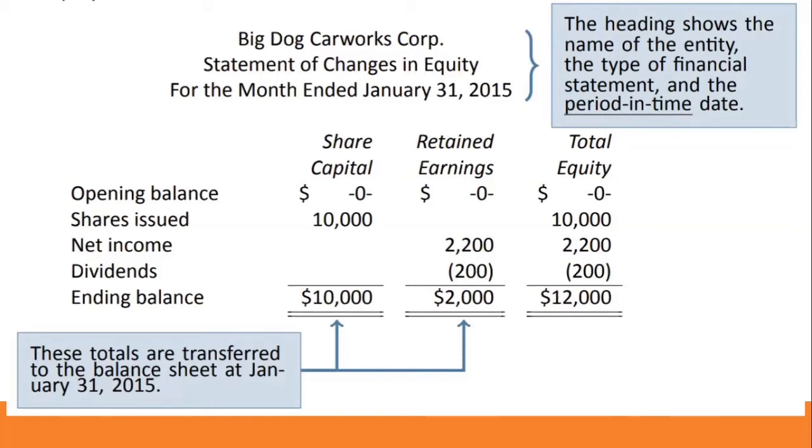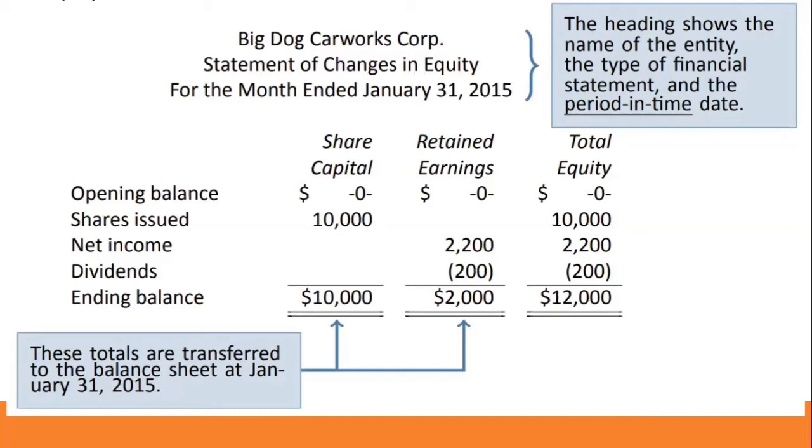Based on this information, retained earnings at the end of February would be $6,000, calculated as the $2,000 January 31st balance plus the $5,000 February net income less the $1,000 February dividend. And the balance in retained earnings continues to change over time because of additional net incomes or losses and dividends. Okay, so that is what the statement of changes in owner's equity is all about.